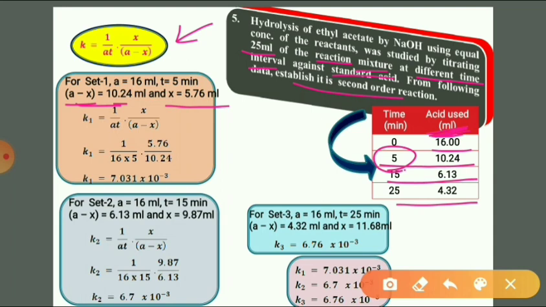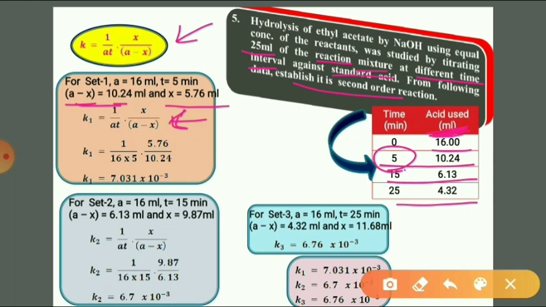Just put the value of a in this and we get the value of x. For set 1, the value of k will be given as k1 equal to 1 upon at into x upon a minus x. Just put all the values in this equation.